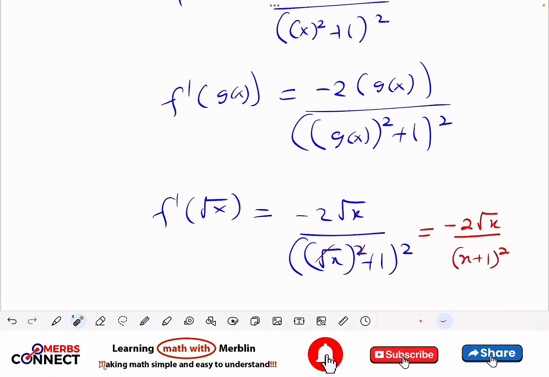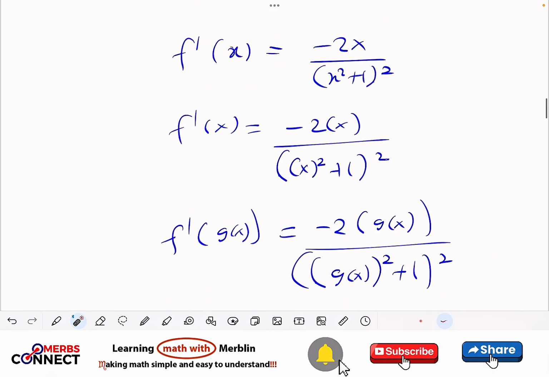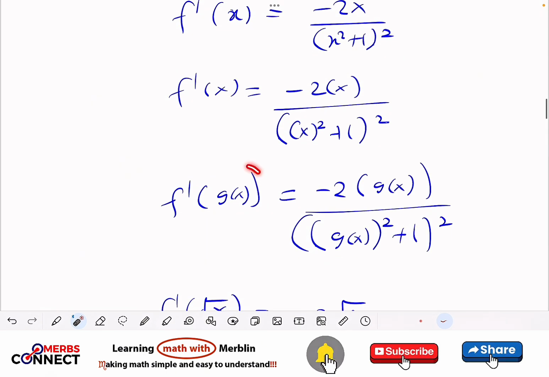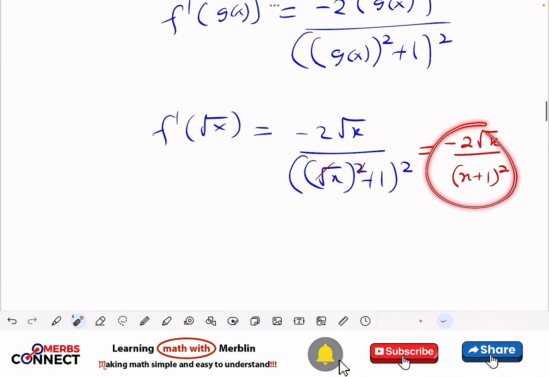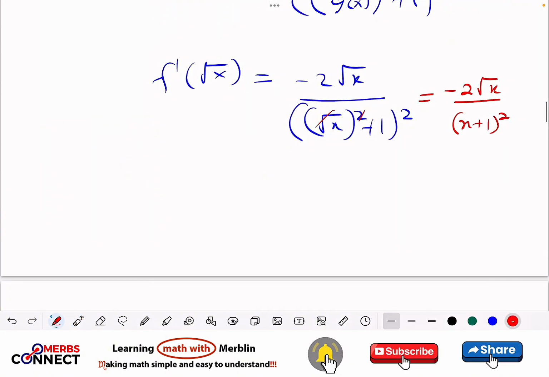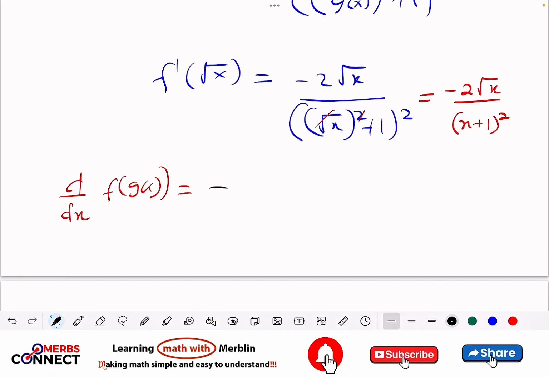So now that we have f prime of g of x to be this, we just need to multiply it by g prime. So it means that finally d over dx of f of g of x will be equal to minus 2 square root of x divided by x plus 1 all squared times g prime.